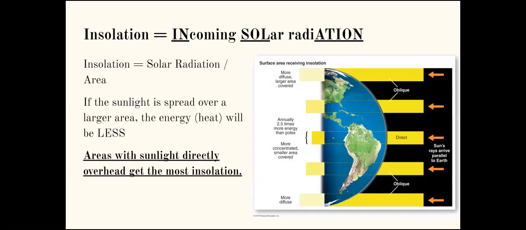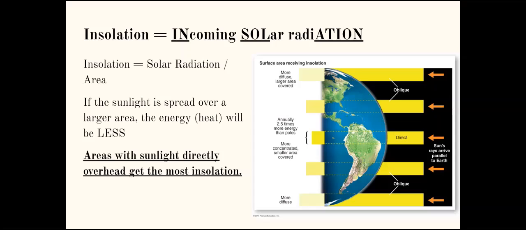Now, a term that you're probably going to hear a lot of is insolation. And the only thing that insolation means is the incoming solar radiation. So it's the amount of energy that the Earth is getting from the sun. And the amount of energy is actually the solar radiation from the sun divided by the area that it hits.